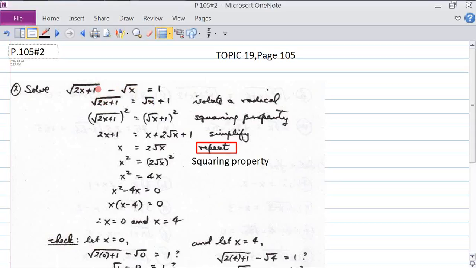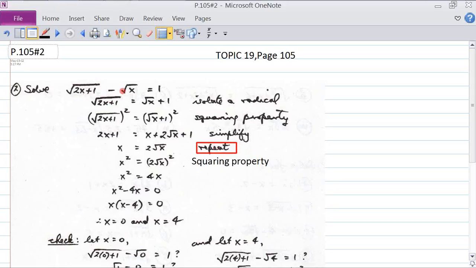Again, if we try to square this, it would be very, very difficult. So what we're going to do is isolate a radical. It doesn't matter if you want to put the square root of x here and the square root of 2x plus 1 there, or just put the 1 on another side. It's okay. Doesn't matter.